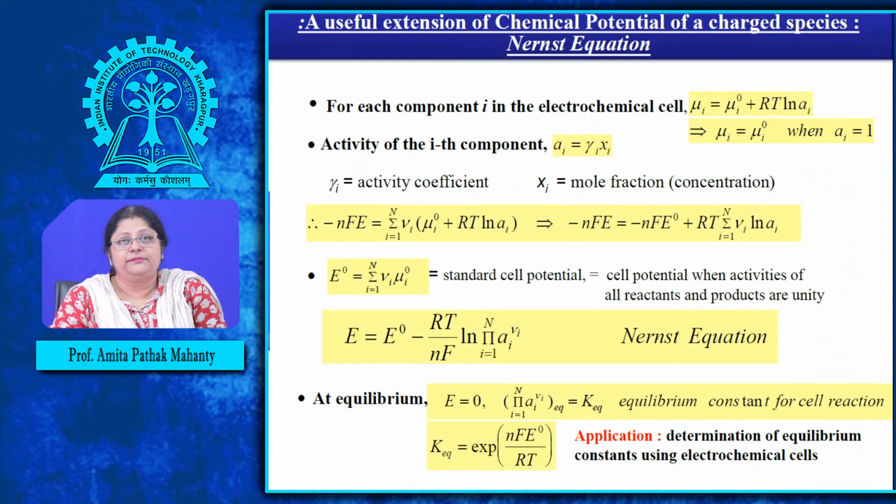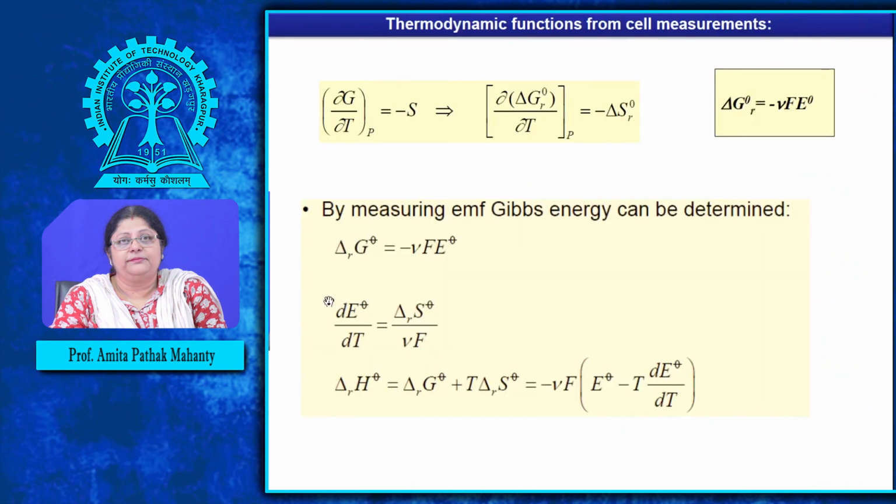And then what will you write when you are writing down the equilibrium constant? And if you can remember what delta G by T at constant pressure is from the fundamental equations, you can apply that with the delta G reaction being equal to minus nFE.